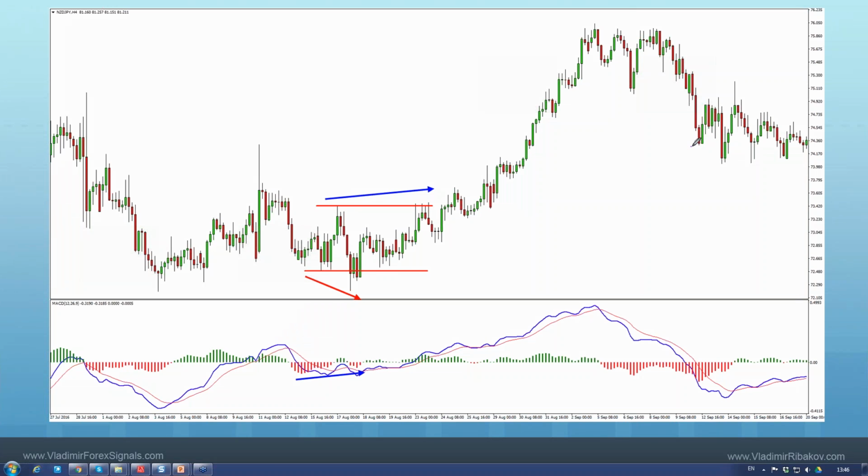Test for you. How about this one? Good? That's the false break and that's the convergence. Good or not good? Exactly. Well done. That's not good.